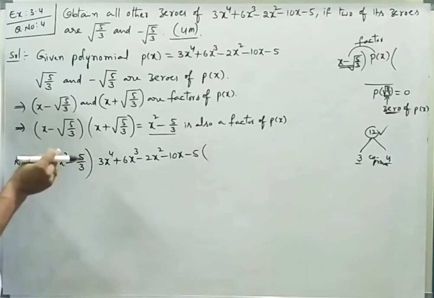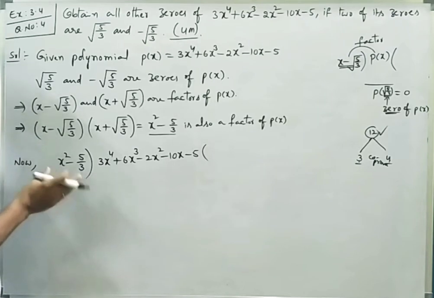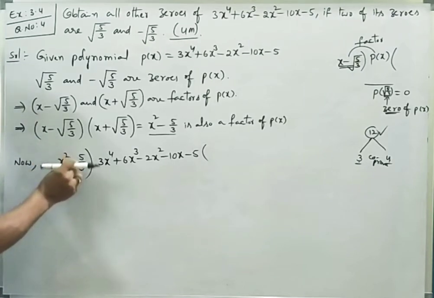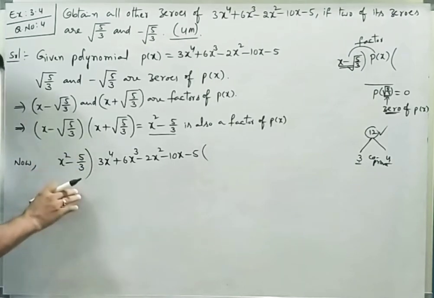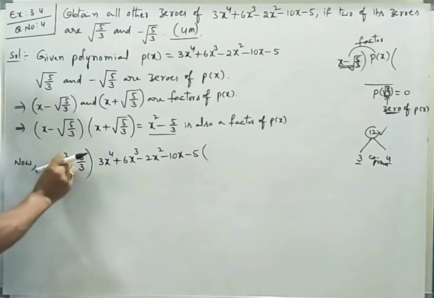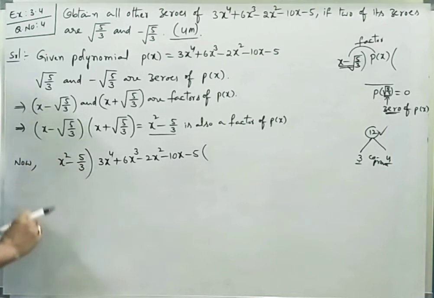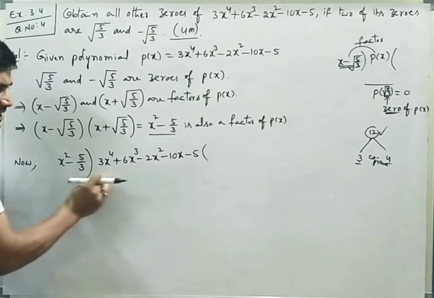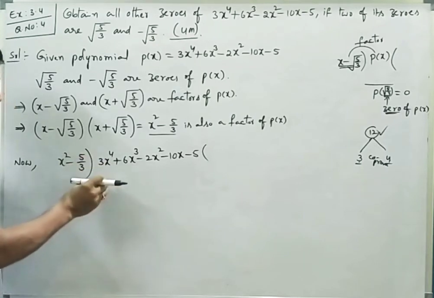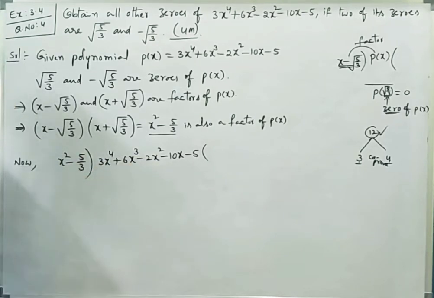So, to avoid confusion, some students will write 0x here. You need not write the 0x here. While writing the terms under the dividend, you have to write them under the like terms only. Okay? So, let us go for the division.